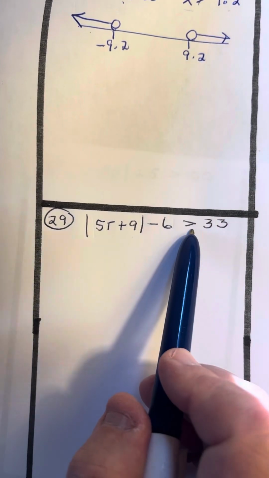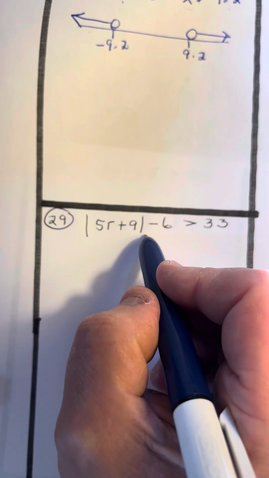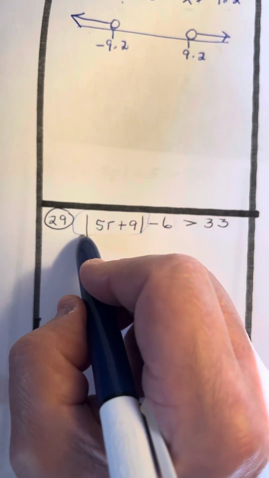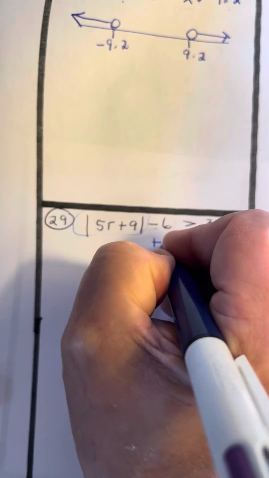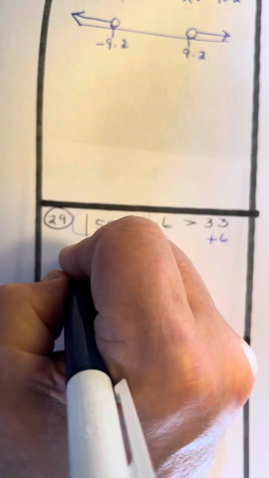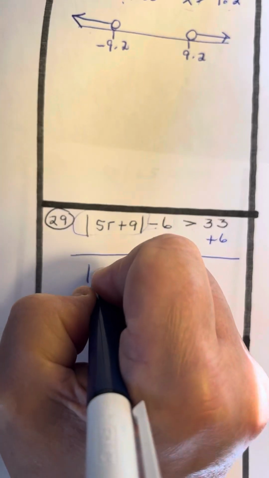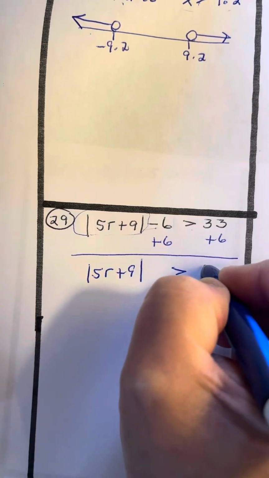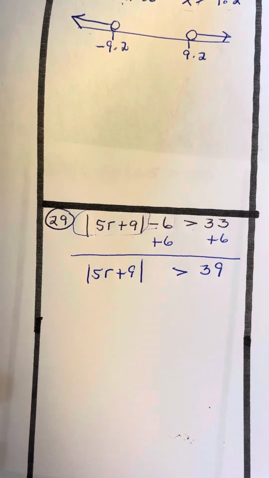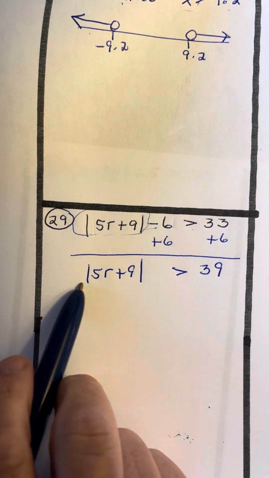Absolute value greater than. Well, the first thing I have to do is get this absolute value by itself. No minus 6, nothing else. So I'm going to add 6. Always have the absolute value alone.